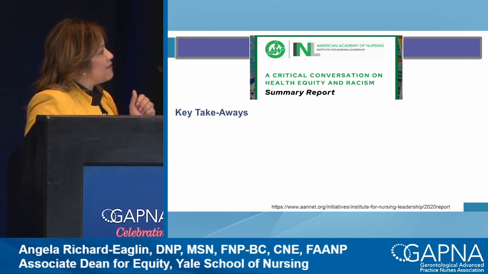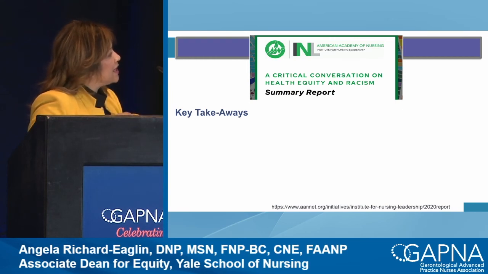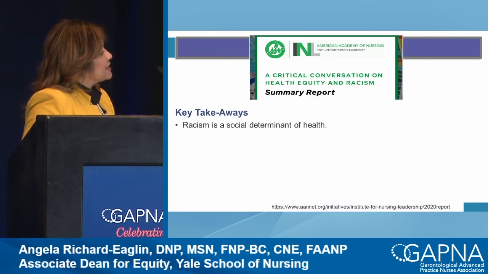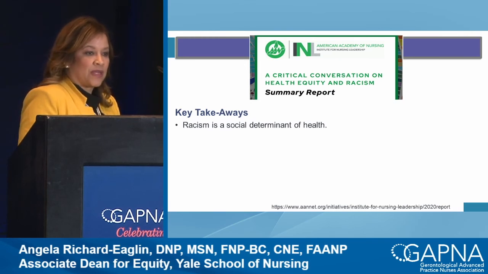So this just came out in 2021 from AAN, American Academy of Nursing. And there was a conversation about health equity and racism. The key takeaways in the summary report: racism is a social determinant of health.